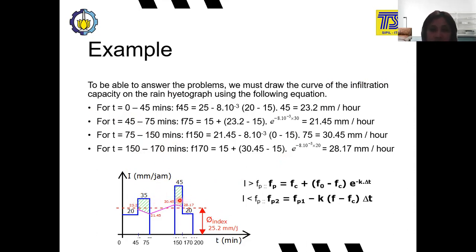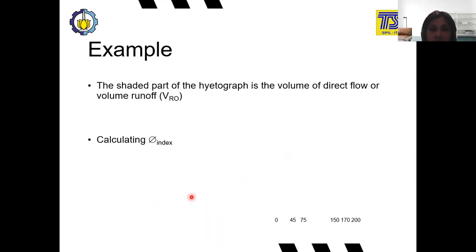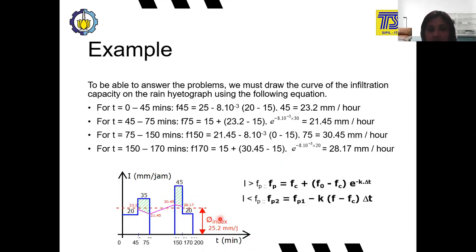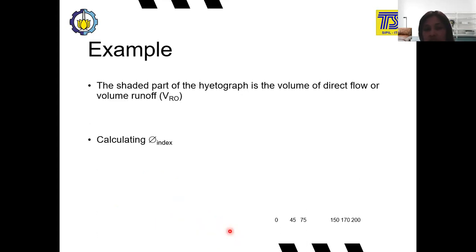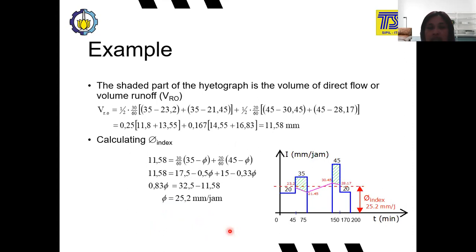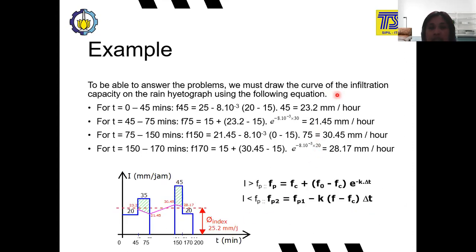From here, actually from this picture, we still don't know how much this V index is, because we haven't calculated it, but in the end we will calculate it. And by using this curve of the infiltration capacity, we can know the volume of the runoff by calculating the area of the shaded area here.